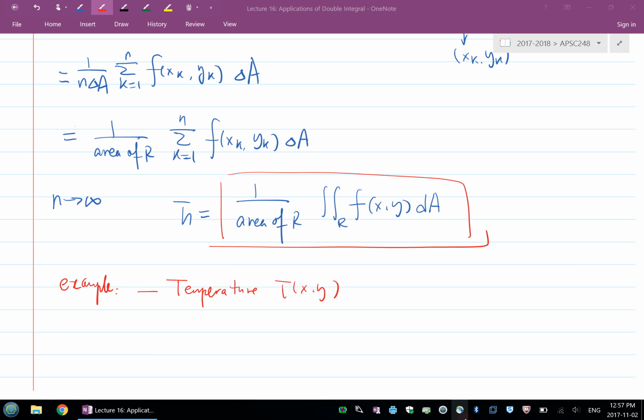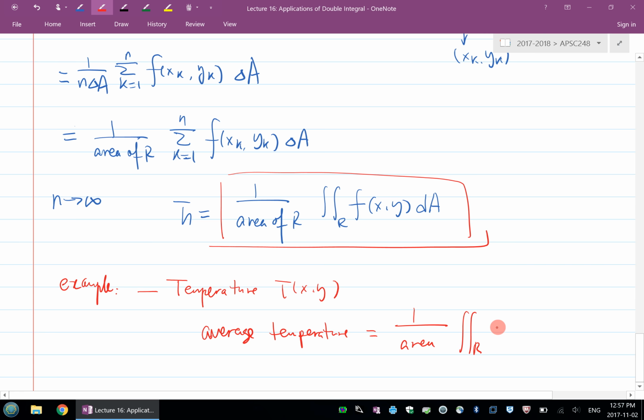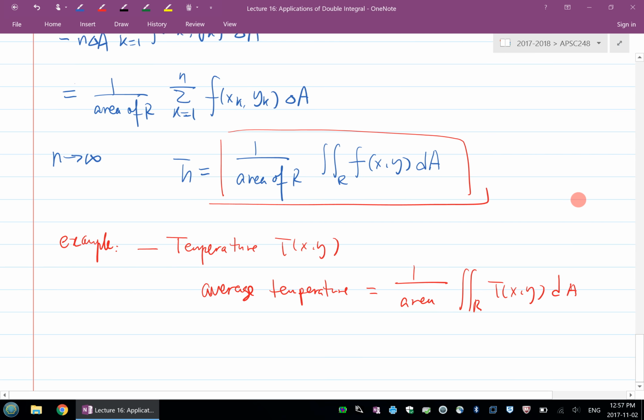This will give you the average temperature, which equals 1 over the area of R, times the double integral over R of T(x, y) dA. So that's one example that you can calculate.